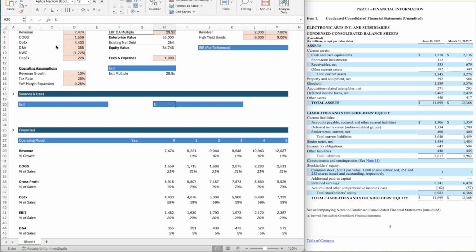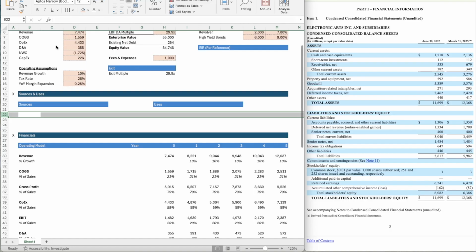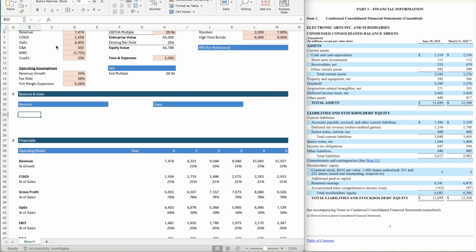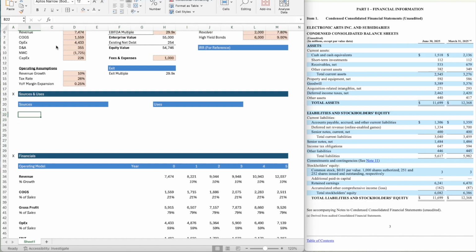So this one is uses. We're going to need more lines. How many do I need? No, more. Something like that. That's better. Okay, 2, 3.